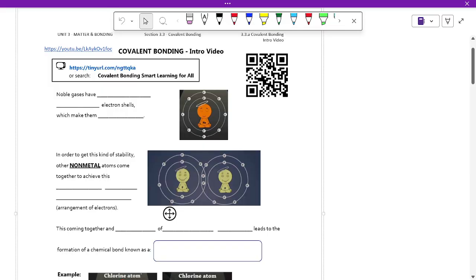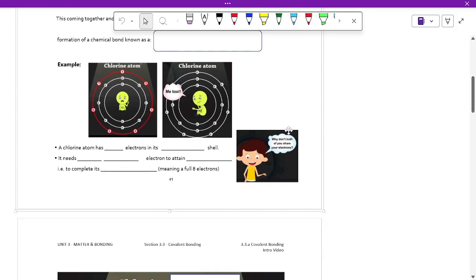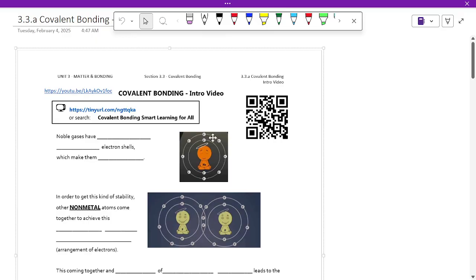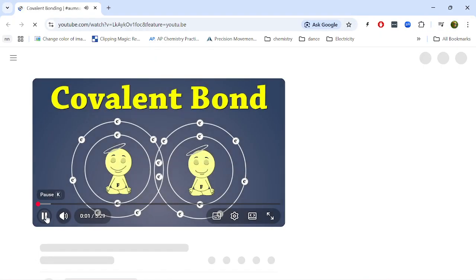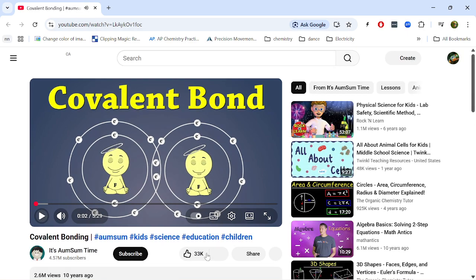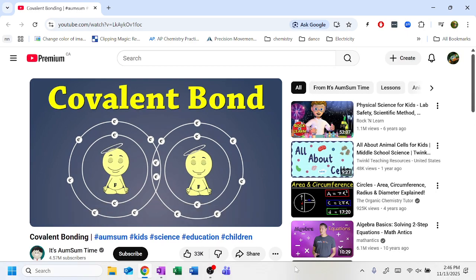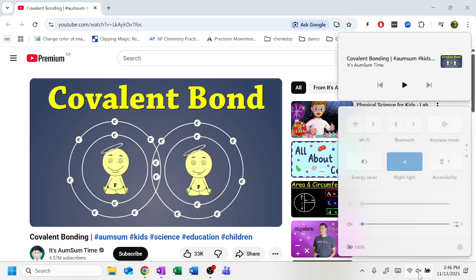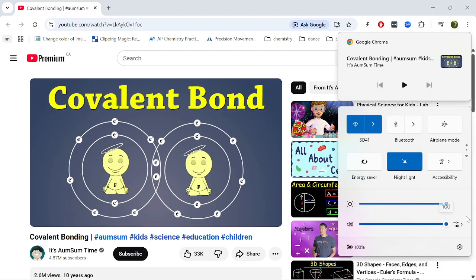Okay. All right. Page 41, or actually, no, we're on page 42. Page 42. All right. Okay. Sound needs to be on. And we're going to make this bigger.